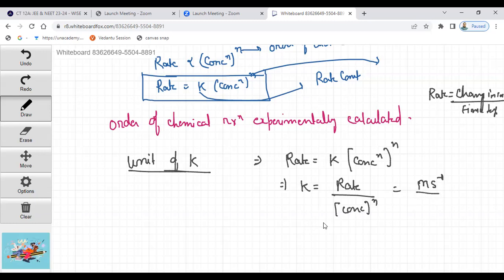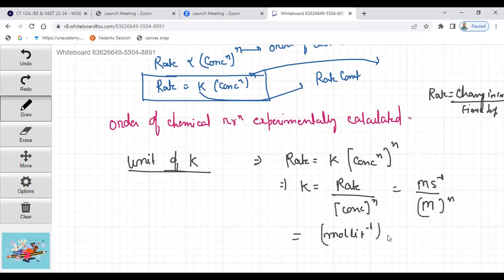What is the unit of concentration? You already know that the unit of concentration to the power n is capital M to the power n. In short form, we can write that concentration is mole liter inverse.